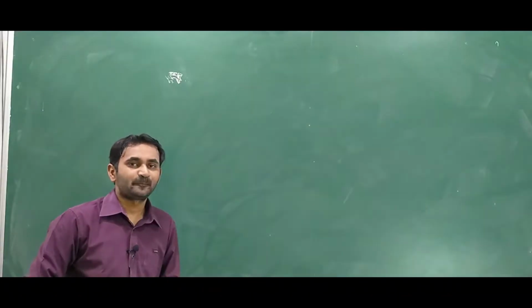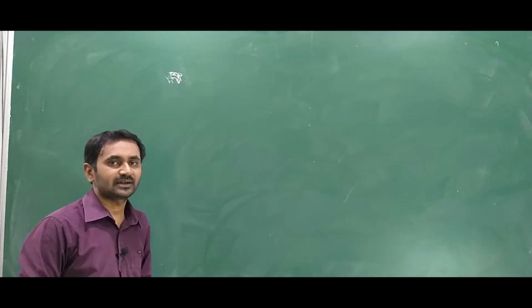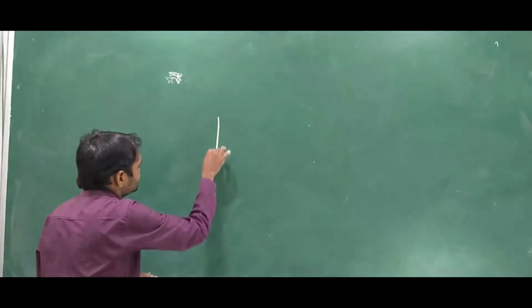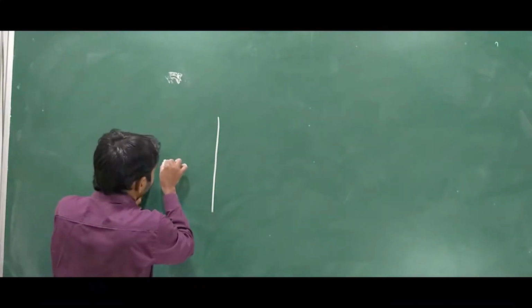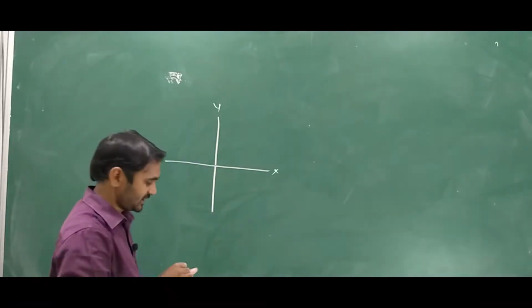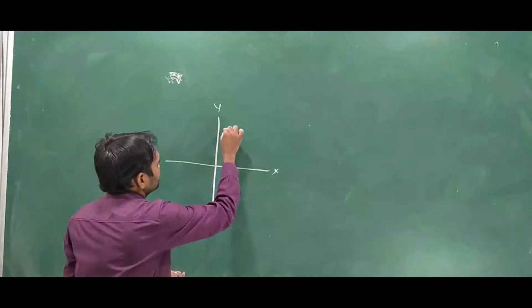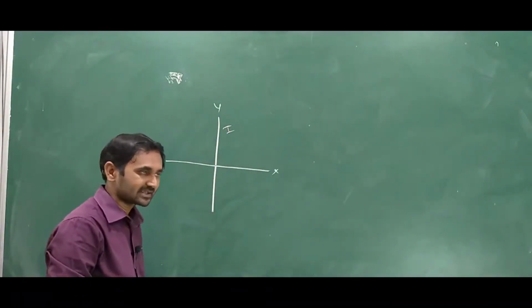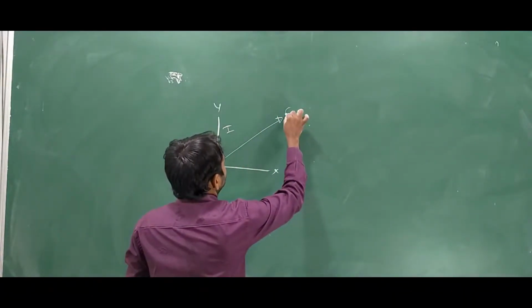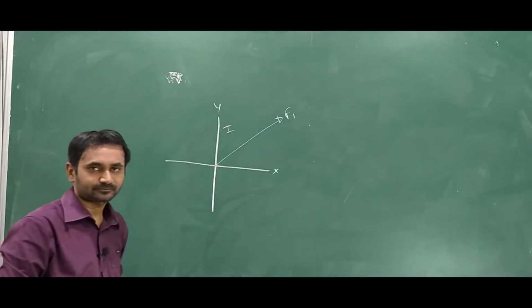So let's see how to calculate and resolve the forces as we have seen in the previous one. This is x and this is y. My first quadrant will be here, and one force is acting in the first quadrant, so this is my force F1.